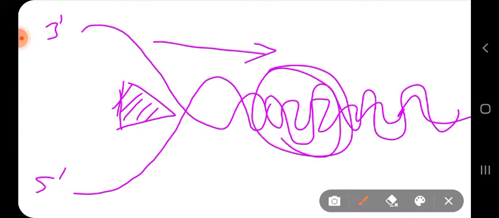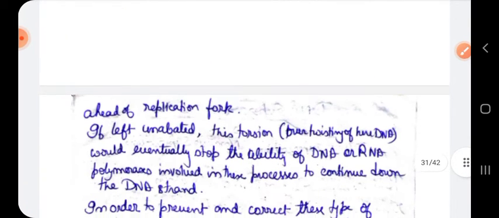That means in this part overwinding of DNA occurs, twisting, more twisting of the DNA leads to knot formation. So to overcome this problem, DNA topoisomerase comes into action.